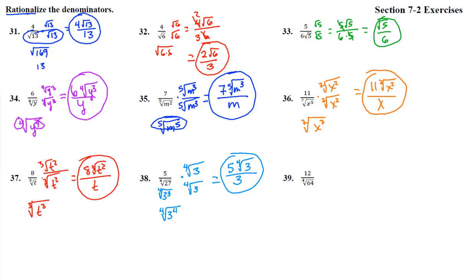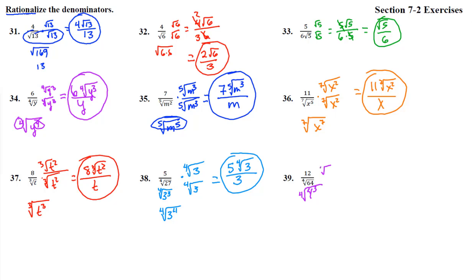Okay, last one, number 39. Is this already a perfect square or perfect cube? Yes, it's either 8 squared, or we could also see it as 4 cubed. So we already have 3 4's. We just need one more of them.